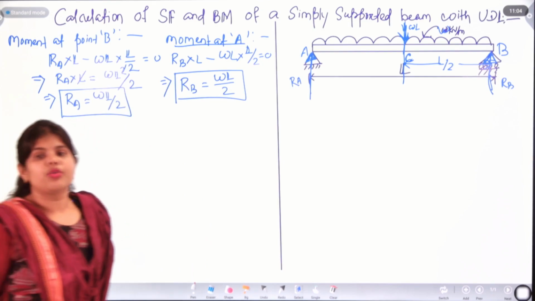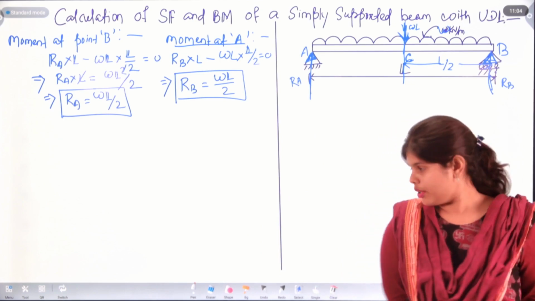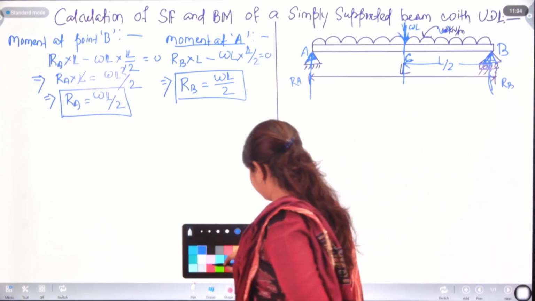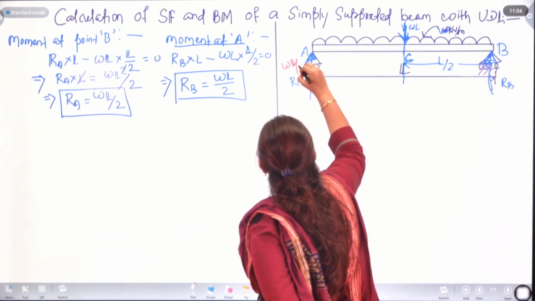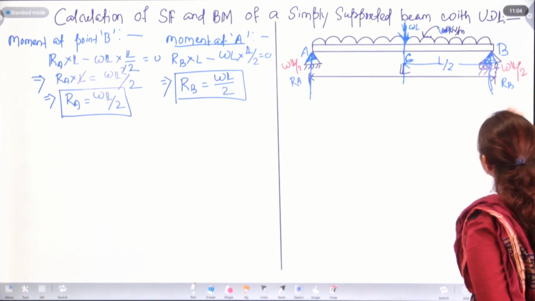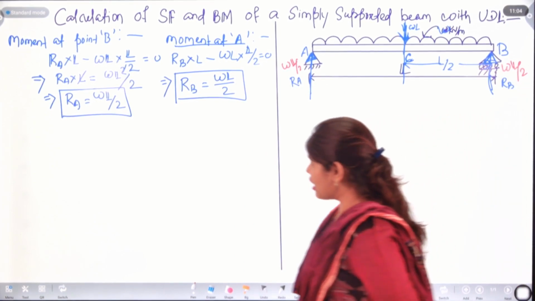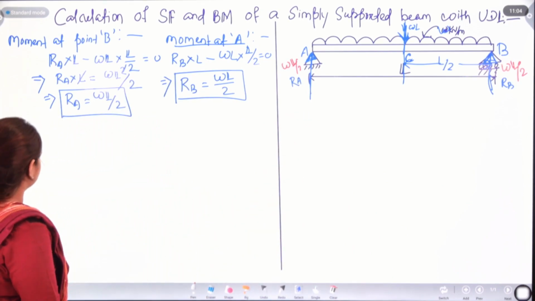Now we have found out the reaction forces at points A and B. Here it will be WL by 2 and here also WL by 2.